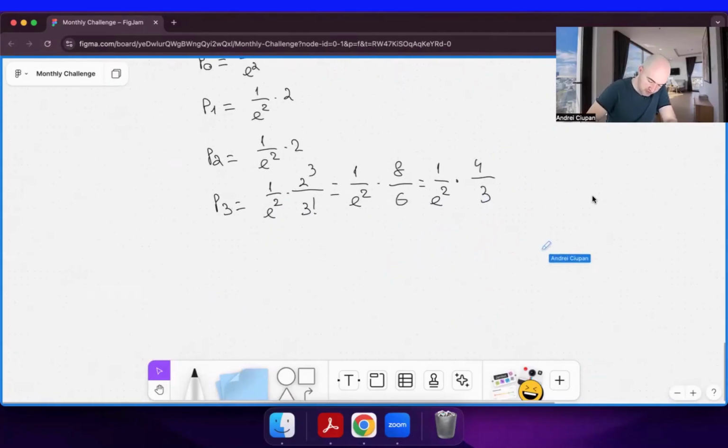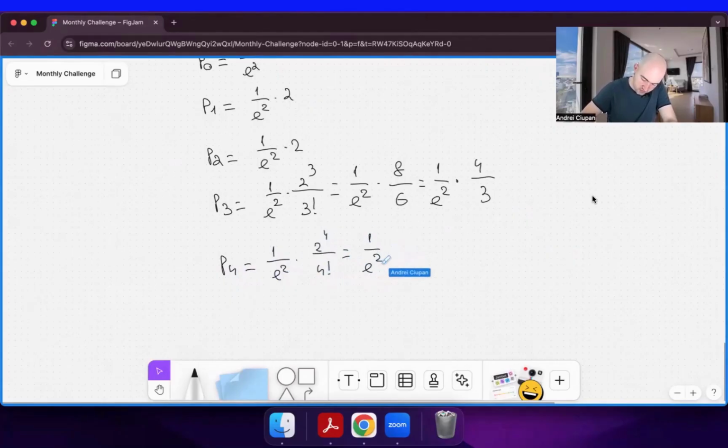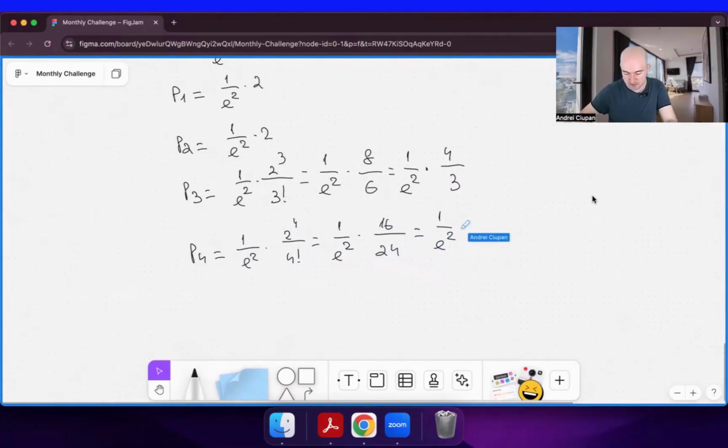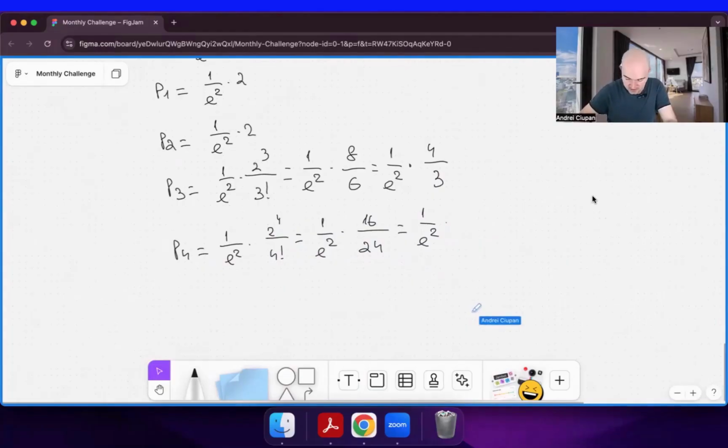Let's do P4 as well. P4 is 1 over e squared times 2 to the 4th over 4 factorial, 1 over e squared times 16 over 24. This is the first term that's less than 1 over e squared. So 16 over 24 is 2 over 3.